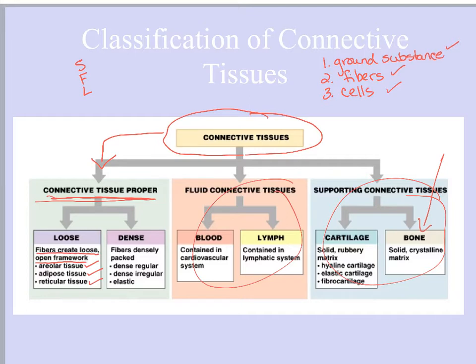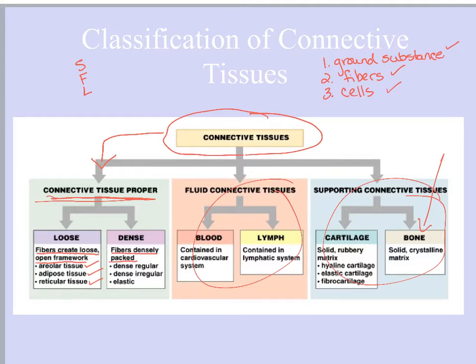That's just a fancy way to say the fibers are loosely present in the matrix itself. Whereas in dense connective tissue, the fibers are very densely packed. So first we'll cover loose and then dense connective tissue, because we covered a lot of information.